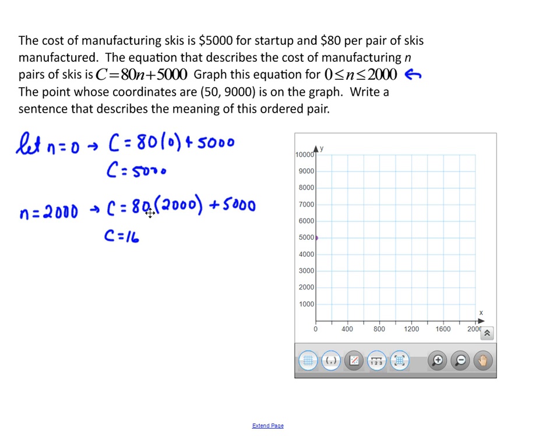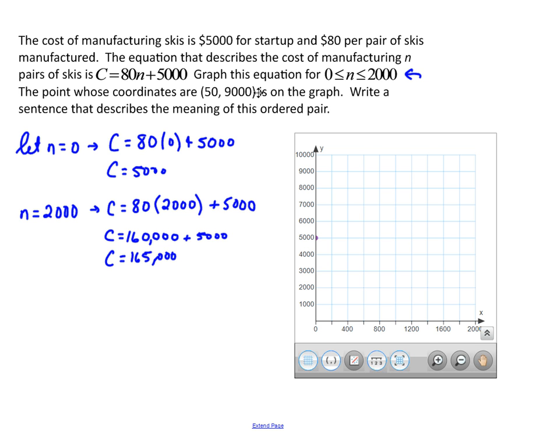The only question is, how many zeros are going to follow it? Well, you've got 3 zeros right here. We've got 1 more 0 right here. And in fact, that number of zeros is going to equal 4 zeros, 160,000, plus an extra 5,000, which means that our cost at 2,000 pairs of skis is going to be $165,000. So it'll be $165,000 at n equals 2,000 according to this equation.